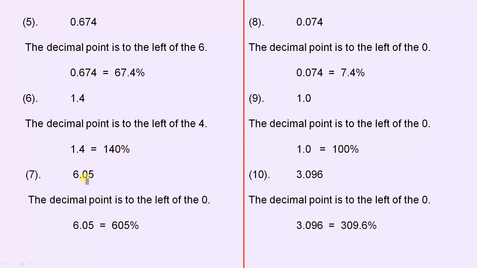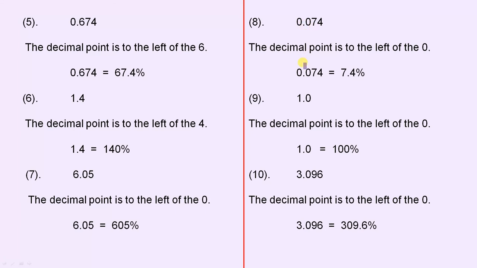6.05. The decimal point is to the left of the 0, which is there. So we move it 2 places to the right. 1, 2, and we get 605%. 0.074, the decimal point is to the left of the 0.